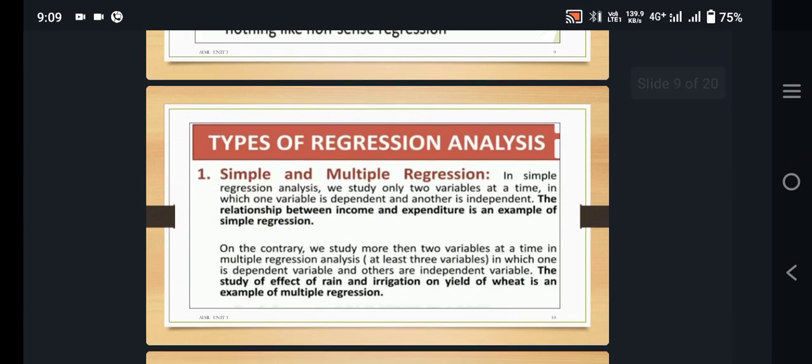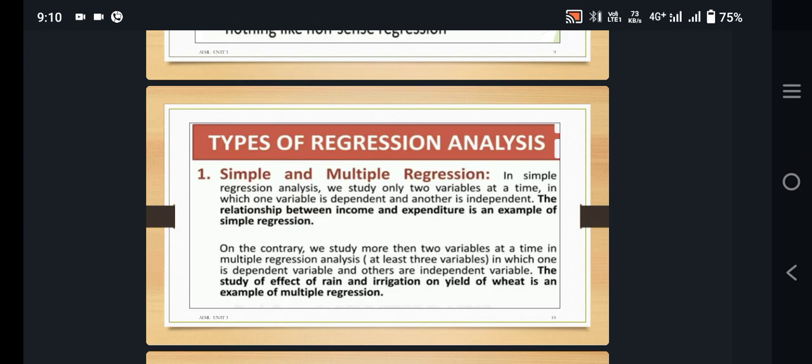Types of regression analysis. The first type is simple and multiple regression. In simple regression analysis, we study only two variables at a time, in which one variable is dependent and another is independent. The relationship between income and expenditure is an example of simple regression.